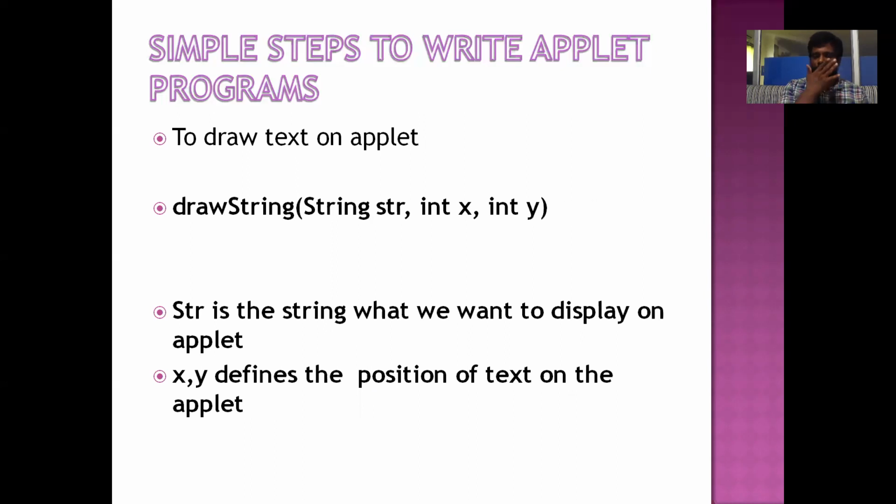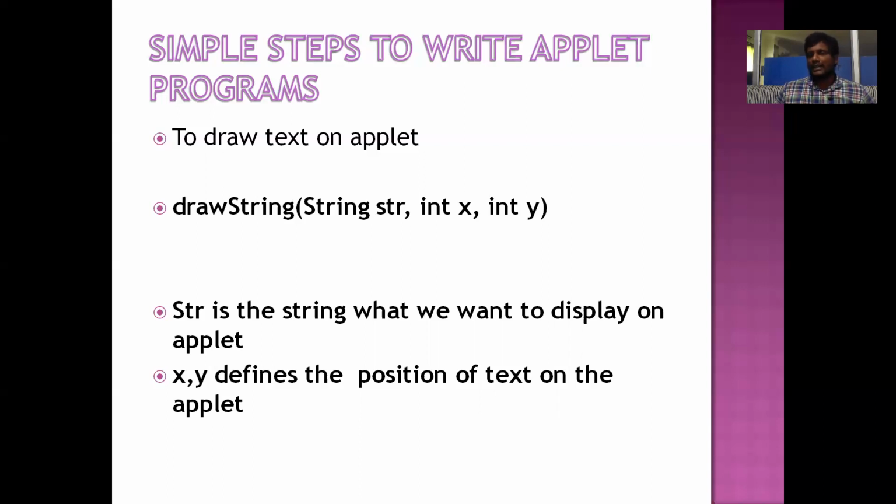Similarly, coming back to the previous slide, the drawString method has three parameters: String str, int x and int y. Str is the string we want to display on the screen. For example, I want to display my branch name, computer science and engineering. I just keep computer science and engineering in double quotes and pass it as the first parameter.